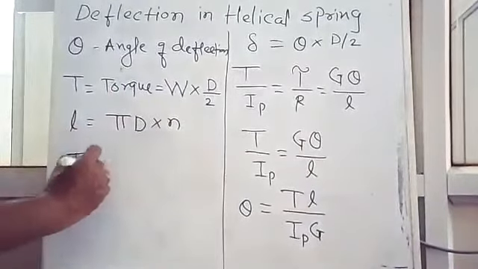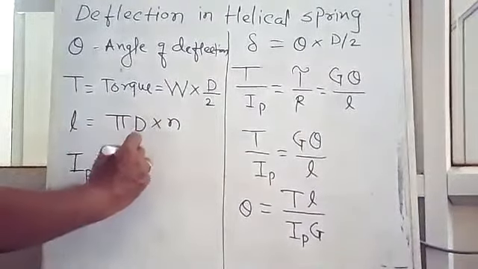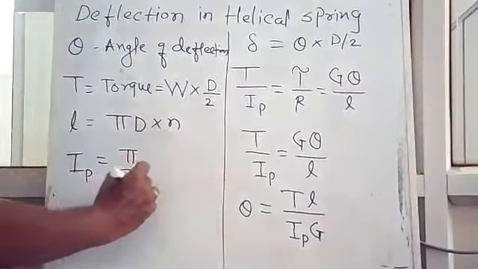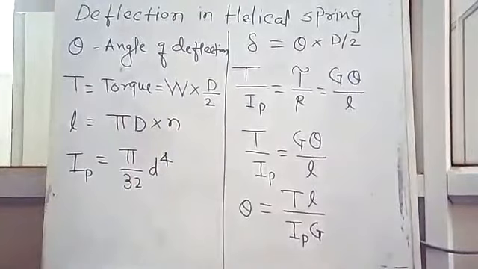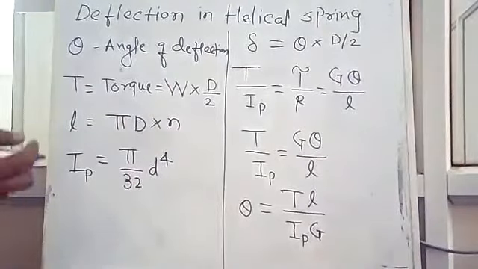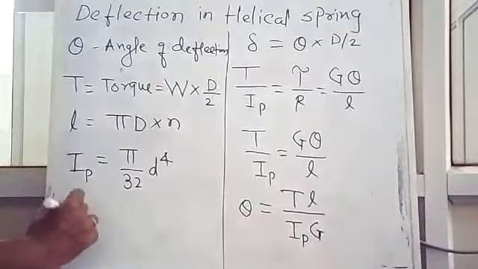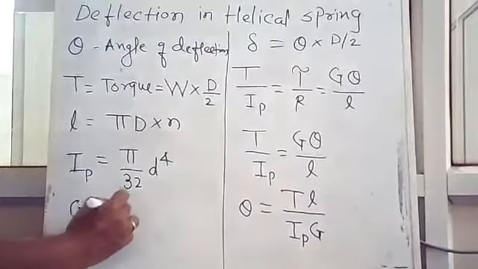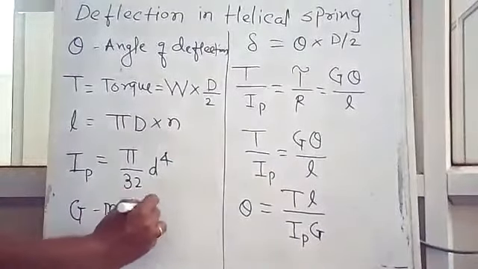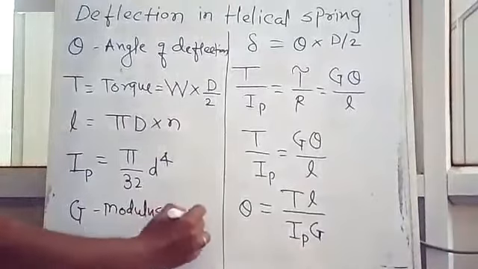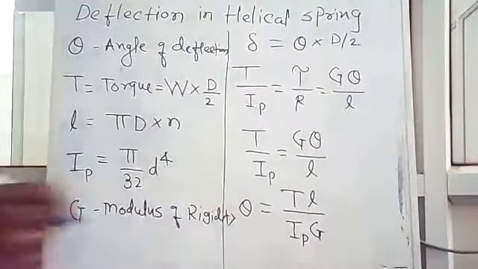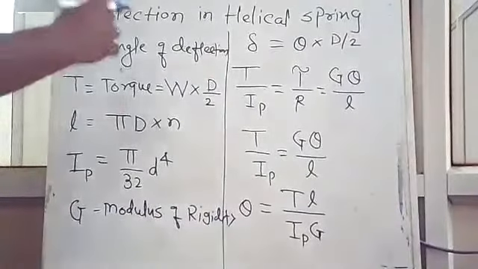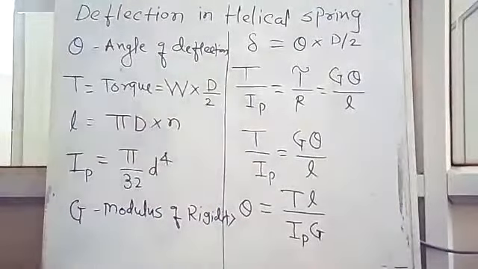IP is area moment of inertia, since it is having circular cross section. For the circular cross section, area moment of inertia is pi by 32 d to the power of 4. And G is the modulus of rigidity. So this is the relationship that we can get here.